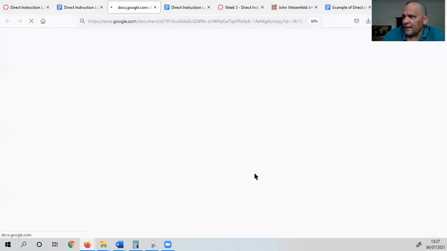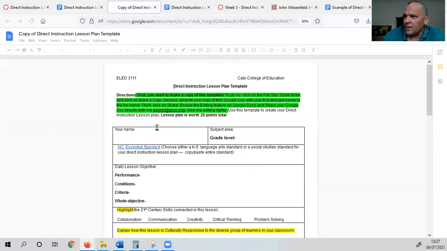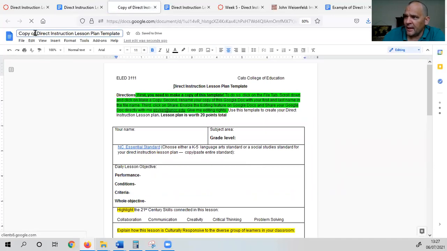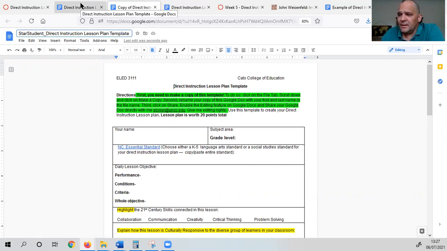When you push OK, come up here and rename your copy. You can include the direct instruction lesson plan, but put your first and last name. So we'll just say Star Student. Include your first and last name in the file name. Then you will be following the instructions up here and completing this template.